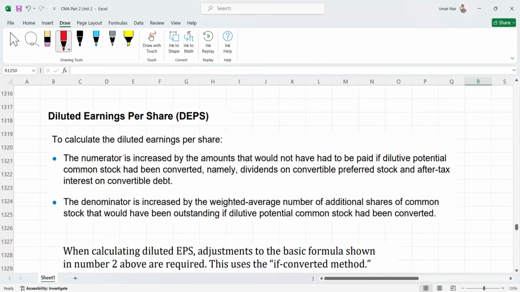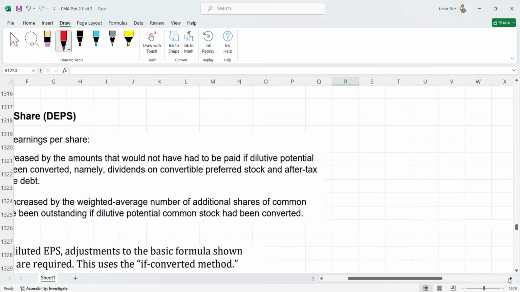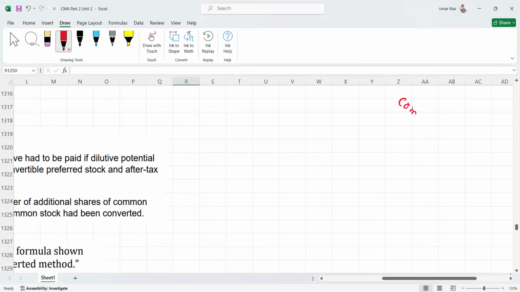Diluted EPS. First I told you, whenever we have a complex capital structure, in that scenario we need basic EPS also. Basic EPS is already done. Now I'm going to tell you the diluted EPS calculation. If in an exam we have a stock option, stock warrant, convertible bond, or convertible preferred stock, it means we have a complex capital structure.